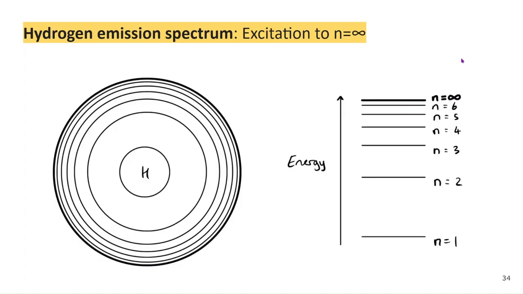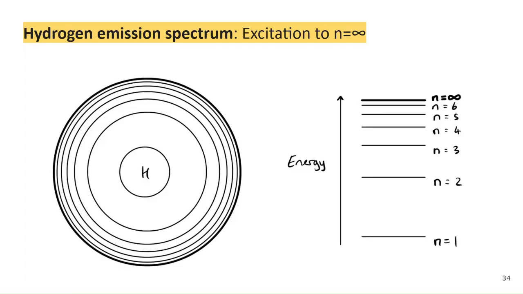I want you to think about this. What does it mean to excite an electron to n equals infinity? Maybe write a sentence or two. What would it mean for the atom or the electron to give it enough energy to reach n equals infinity?